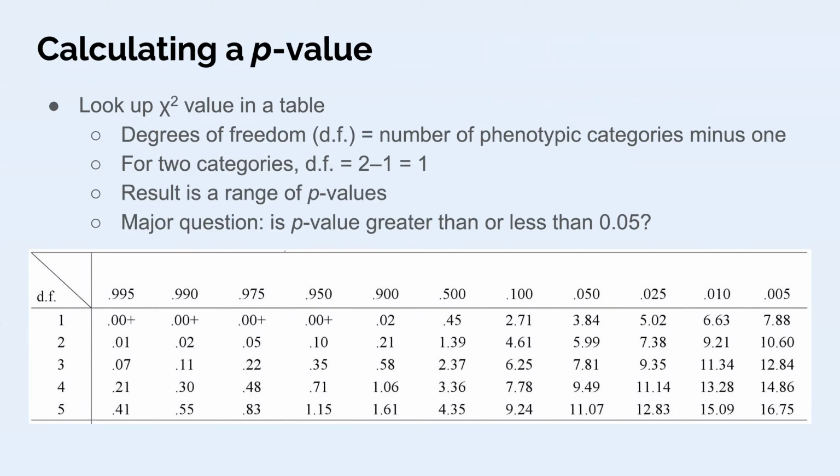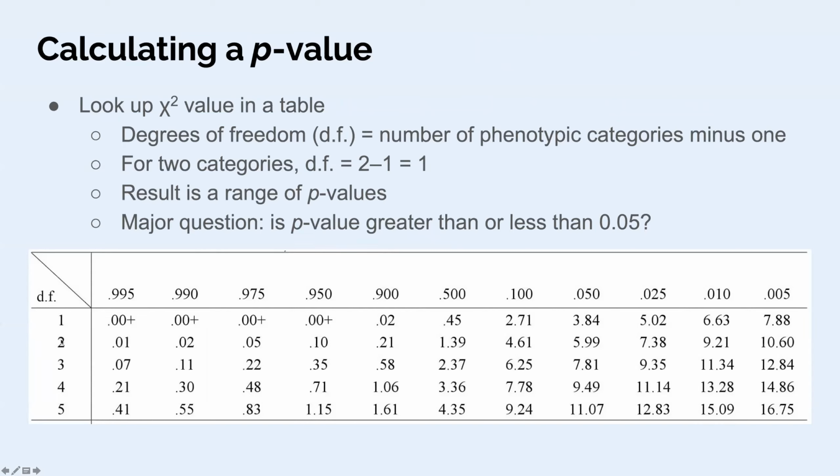You can just do a web search like I did for chi-squared table. What it shows across the top are sample p-values. So p goes between 1 and 0. Very high p-values over here, decreasing, decreasing, decreasing to very low p-values on the right. And those are corresponding chi-squared values within.